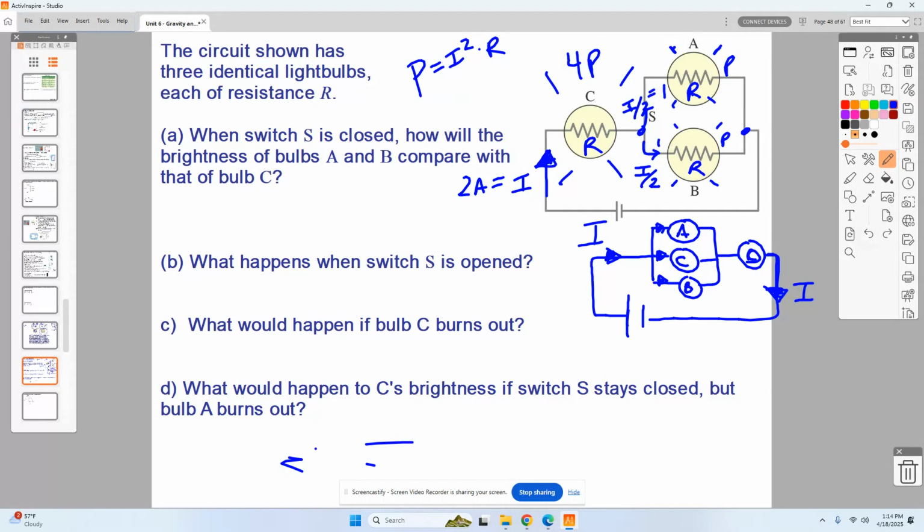Right? So 2 coming into that junction has to split into 1 and 1. Now in this case here, this would be 1, 1, and 1, and that would turn to 3. So here it's increasing, as the other one was decreasing. What's important is how much current is flowing through those light bulbs.